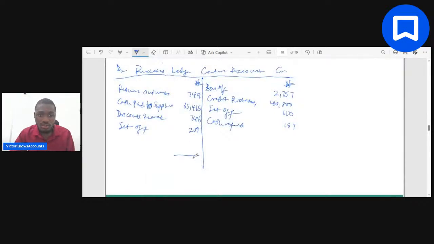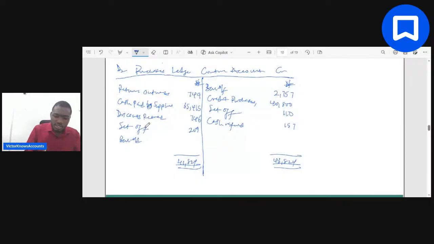There is a very great likelihood that the credit side will be greater than the debit side. By the time you add everything here, you should have 43,824. Then you have balance carried down. Adding all this, you have 749 plus 35,415 plus 746 plus 29, that's 37,119.